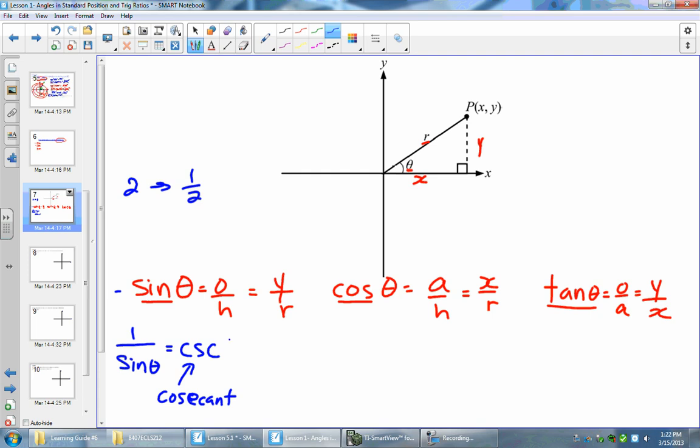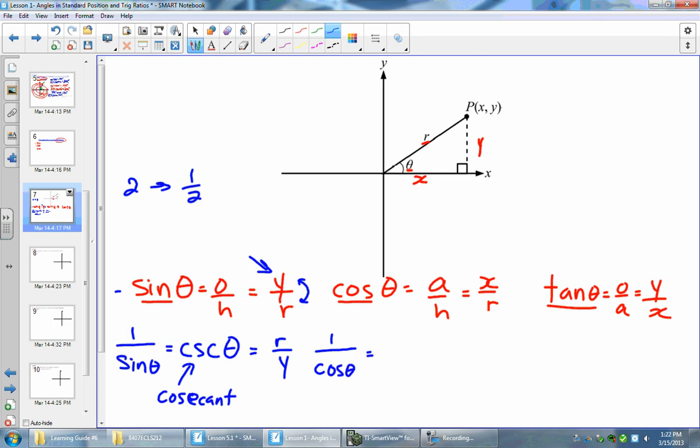Okay, so cosecant theta is going to be equal to, well, here is the ratio for sine. When we take the reciprocal of y over r, we're going to flip that fraction. So we get r over y. There's the cosecant ratio. Okay, let's move on to cos here. The reciprocal is 1 over cos theta.